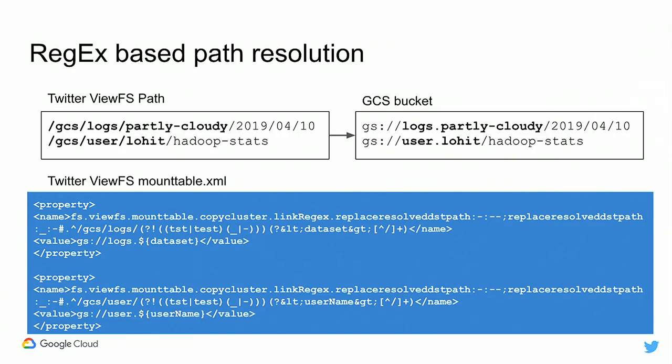So instead of creating hundreds of entries in the client-side mount table, we ended up implementing a regular expression-based client-side mount table, wherein paths such as /GCS/logs/partly cloudy will translate to gs:/logs.partly cloudy. We also maintain a well-defined naming convention for our buckets, so this makes it very easy for us to do this regex-based conversion.